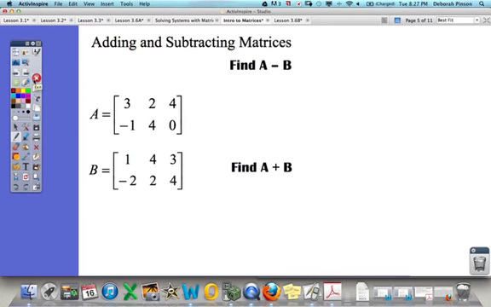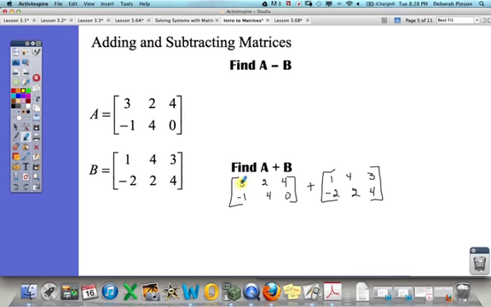Okay, so we're going to talk about adding, subtracting, and multiplying our matrices. So let's do adding first. If you're adding, honestly, it's super easy. Here's matrix A, and you add it to matrix B. Now when you go through and do this, you're just going to add up like elements.